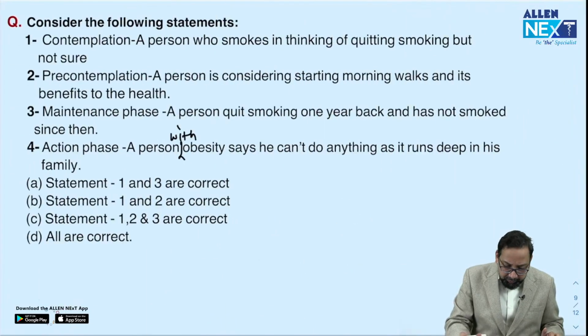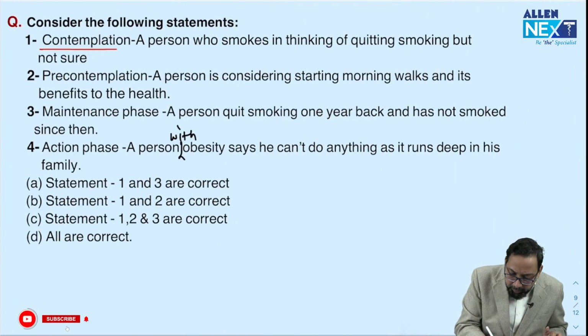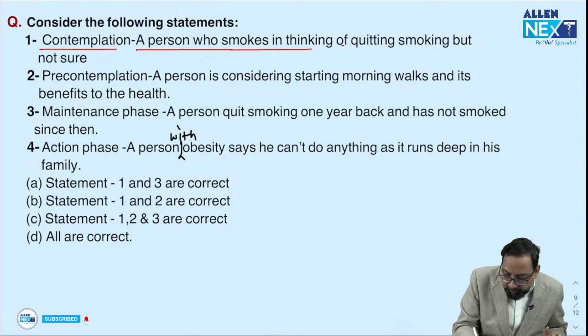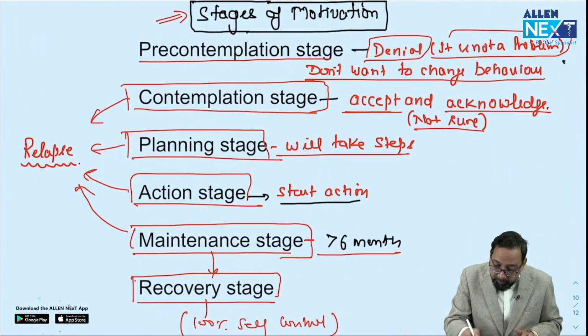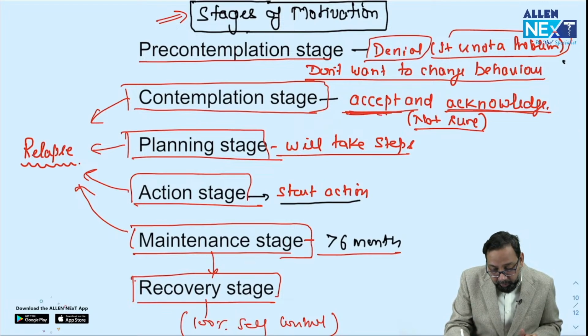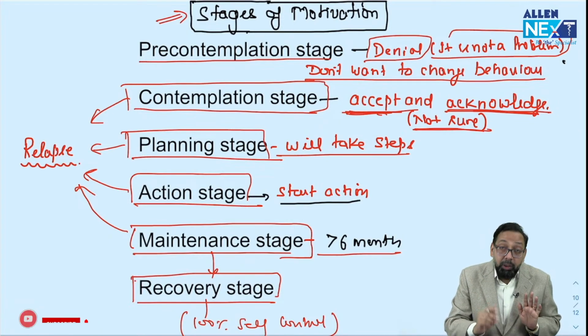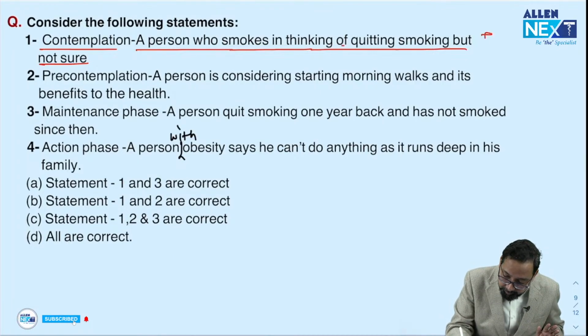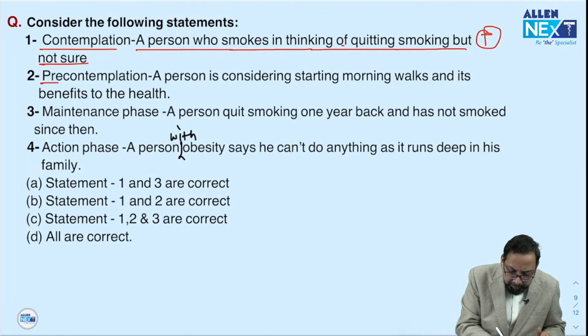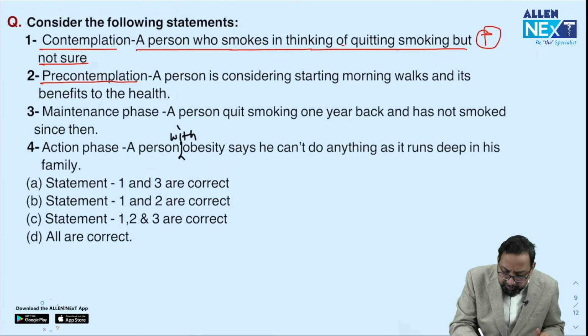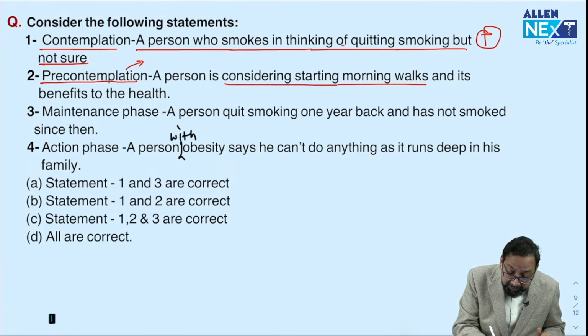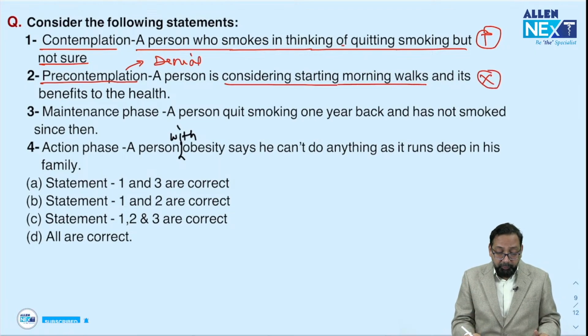Now we solve the question. Contemplation: a person who smokes is thinking of quitting but not sure. Right, accept, acknowledge but not sure, so this is a true statement. Pre-contemplation stage, patient is considering starting a morning walk: in pre-contemplation there is denial, so this is wrong.